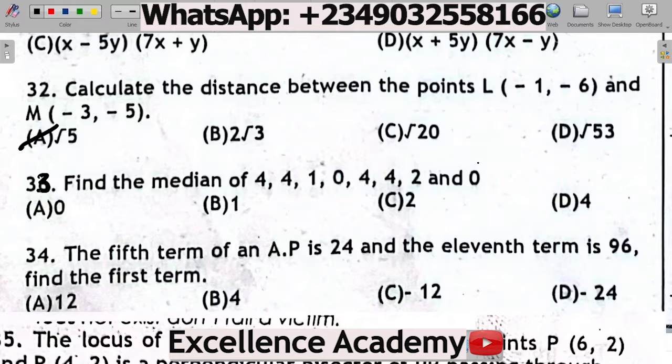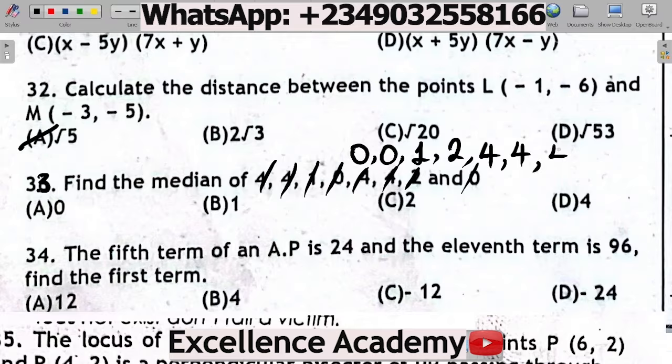We have 0, another 0, then 1, then 2, and then four 4s.